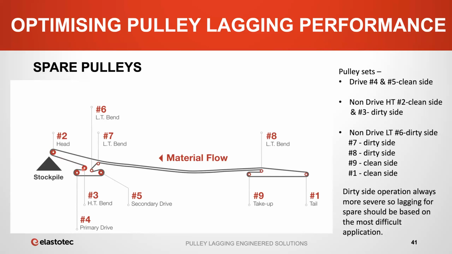The high tension bend, though, is contacting the dirty side of the belt, which means that it has to deal with the belt wear, and it's a very severe, very difficult application. So if you're choosing lagging for the spare, you would put the same lagging as you are getting the best performance on for the high tension bend. That way, if you put it in the head position, it'll work really, really well.